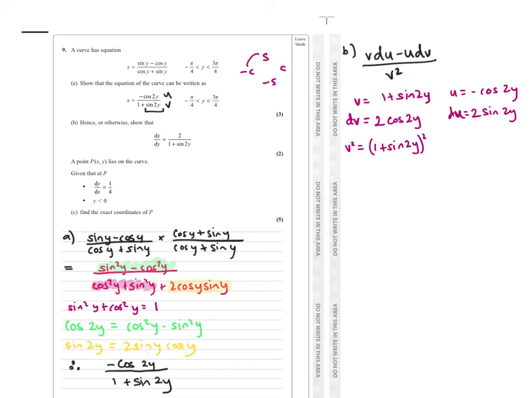So we're going to get 2 sine 2y plus 2 sine squared 2y, because I've just multiplied it out straight away. Then minus u dv, which is minus 2 cos squared 2y, but minus minus is a plus 2 cos squared 2y, all divided by 1 plus sine 2y all squared.